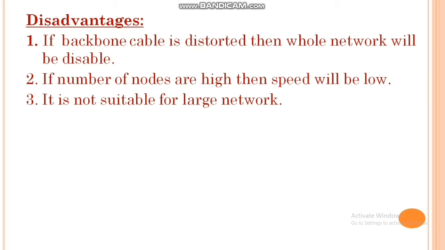There are some disadvantages also. Number 1, if the backbone cable is disordered or destroyed, then the whole network will be disabled or destroyed. Number 2, if the number of nodes is high, then speed will be low. Number 3, it is not suitable for a large network.